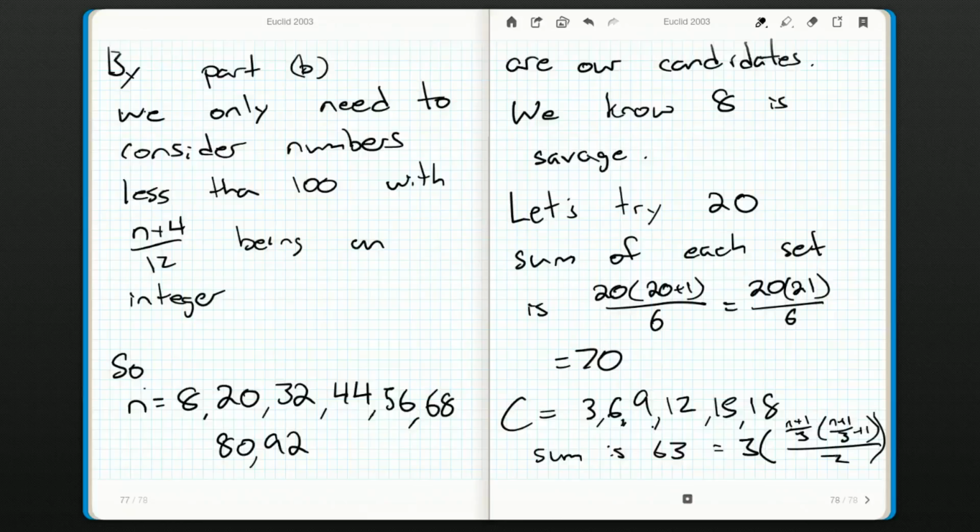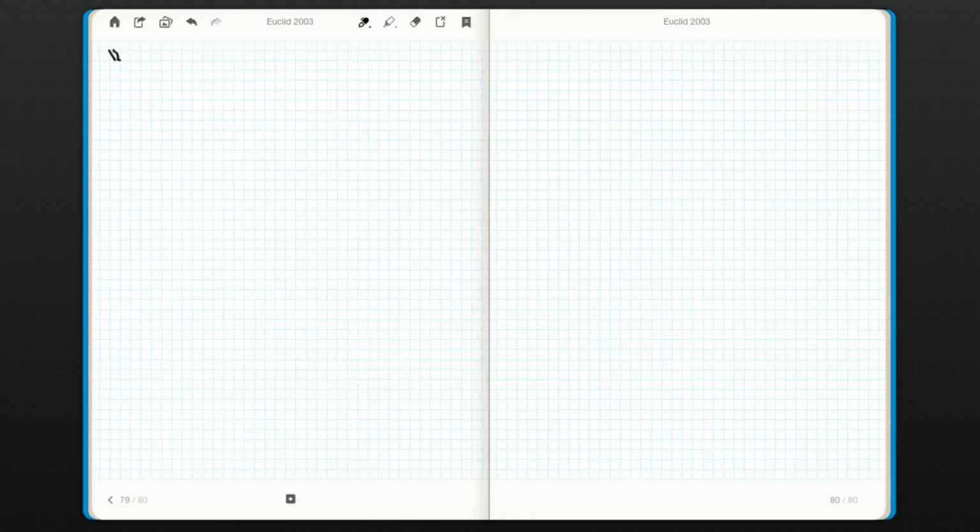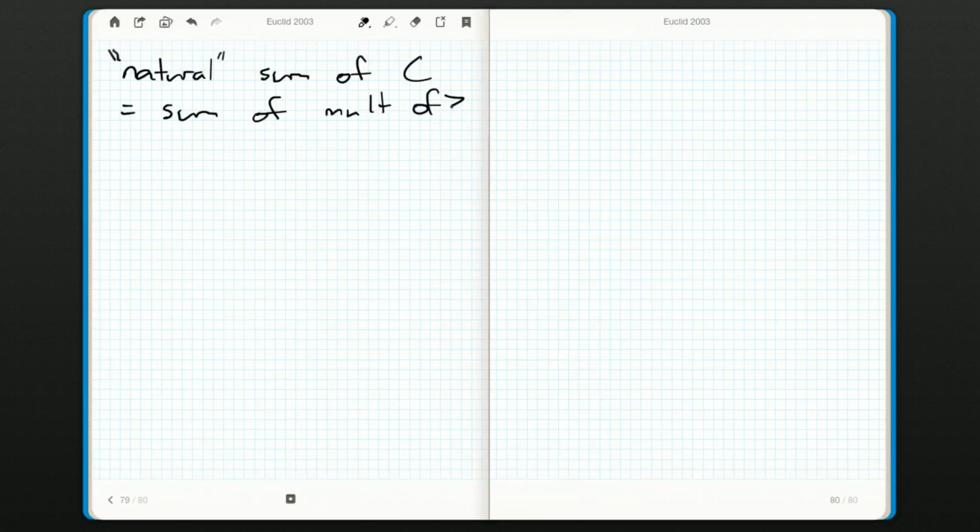Is there a faster way to calculate that? So the sum of C, the sum of the multiples of 3, is, as I say, 3 times (n plus 1 over 3).